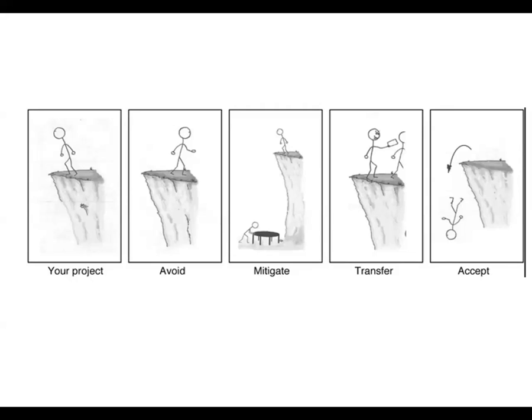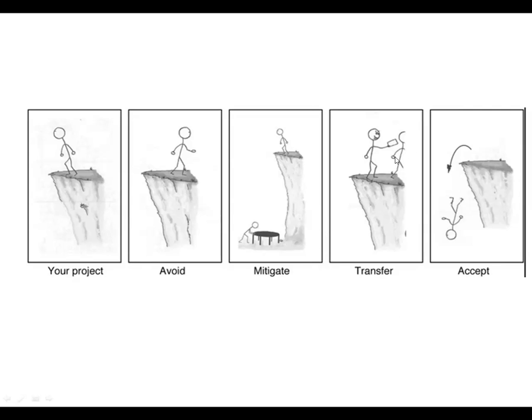In mitigation, you are trying to reduce the harm that can happen from the project. So you're jumping onto a bumpy thing, and you will not get the harm to the extent you would get if you jumped to the ground. The next one is transference.